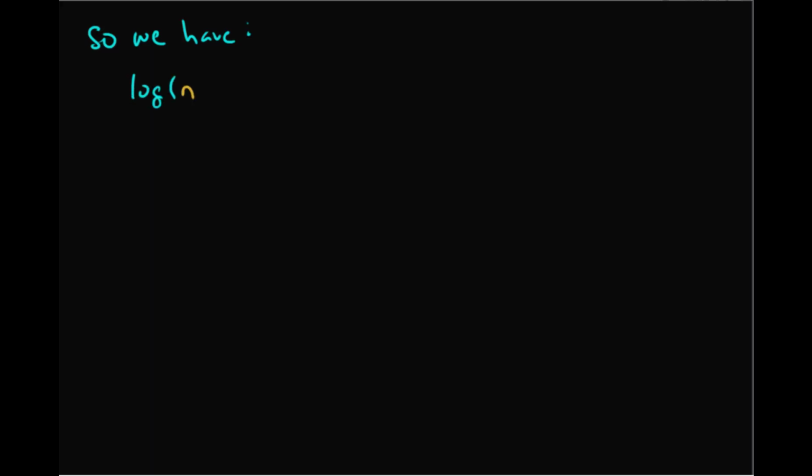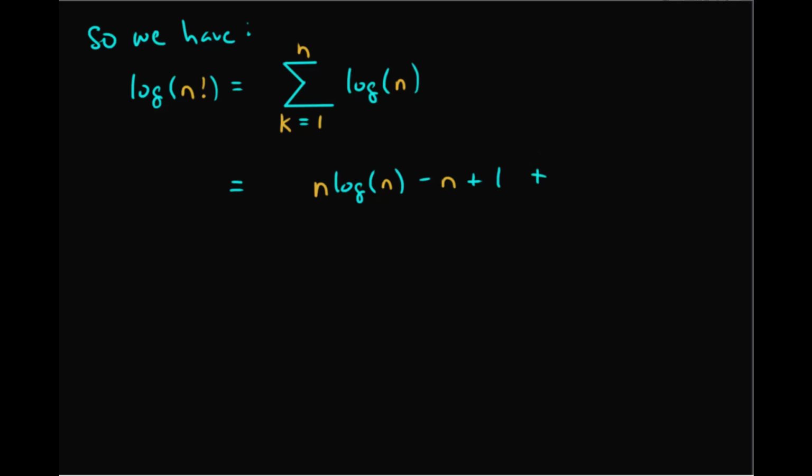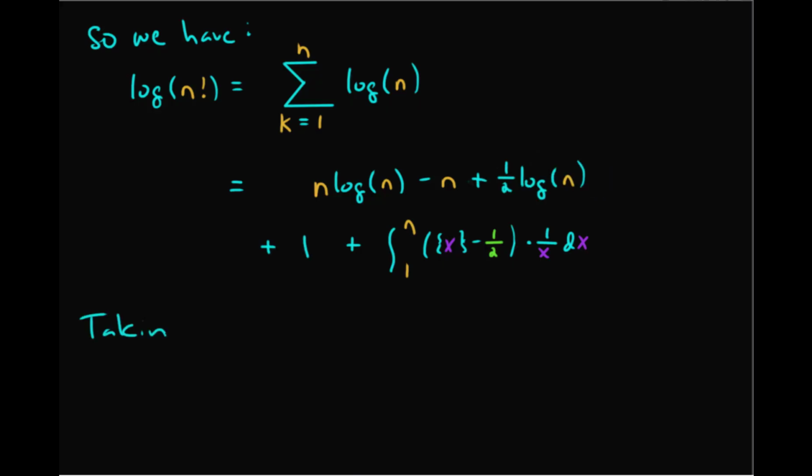So putting it all together, we have that the log of n factorial equals the sum from k equals 1 to n of the log of k, which equals n times the log of n minus n plus 1, plus 1/2 times the log of n, plus this integral, the integral from 1 to n of the fractional part of x minus 1/2 times 1 over x dx. And just rearranging a little bit, I'm going to move the plus 1 down to the second line there.